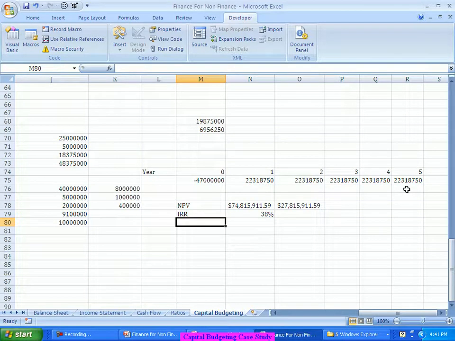Probably you can use that money for something else. Right? See, in the first one, you are investing 22.6 crores, which means your 22.6 crores is blocked in this business. Whereas in the second one, you are blocking only 4.6 crores in the business.